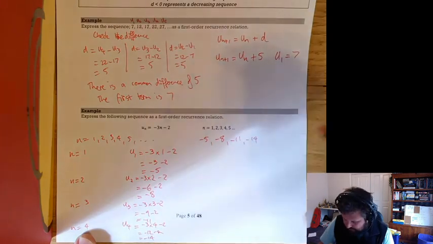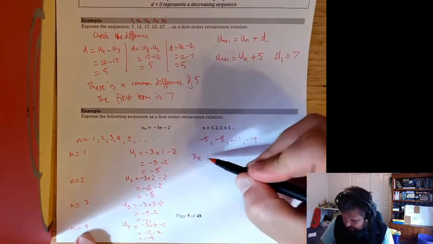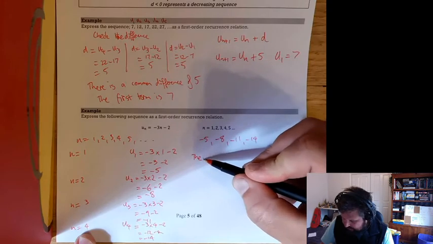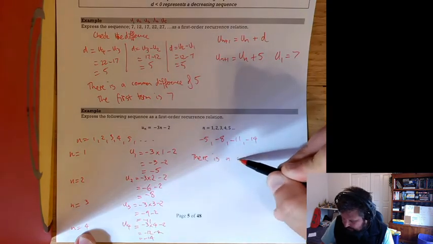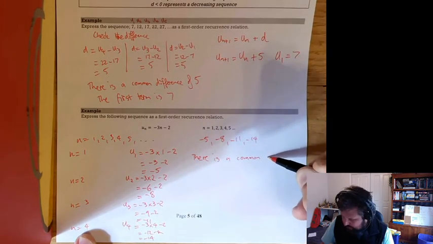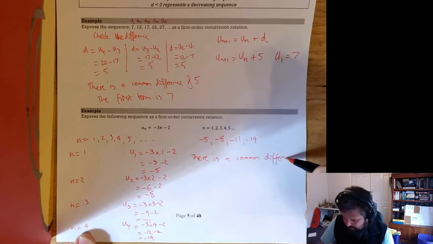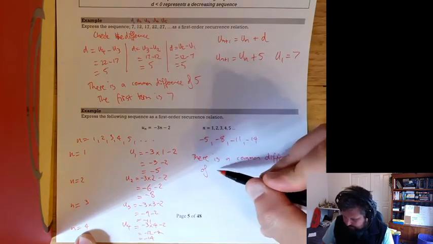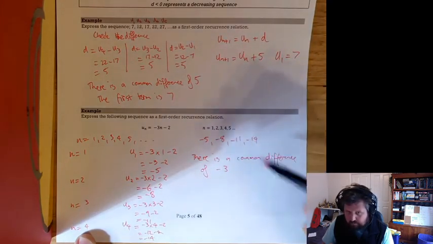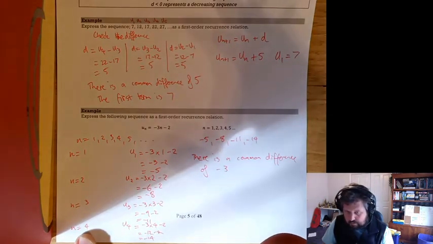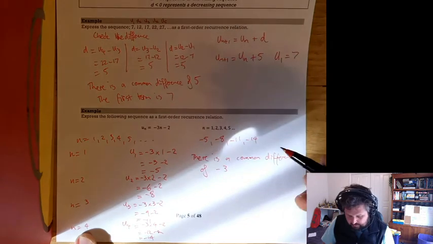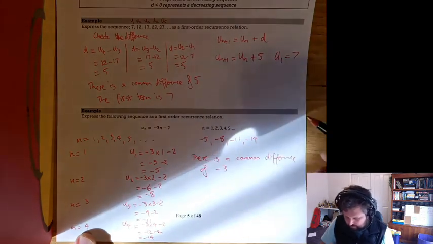Cool. I'm fairly confident to write down that there is a common difference of -3 between each of these. That's the first part of information we need to write a recursion relationship. The other thing is we do need to write down the starting term.